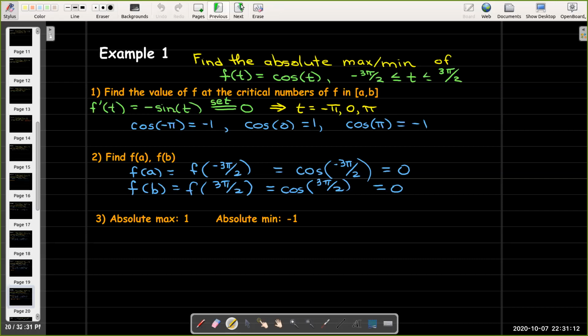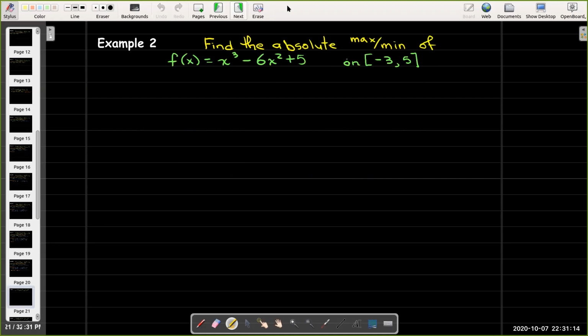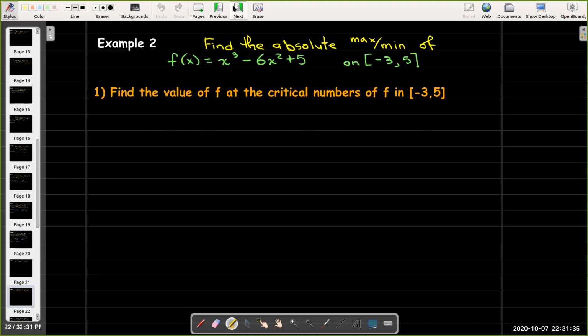All right, let's look at another example. We want to find the absolute max and the absolute min of this cubic polynomial, f of x equals x cubed minus 6x squared plus 5 on the interval -3 to 5. Step 1, we'll find all the critical numbers and find the function value at those critical numbers.